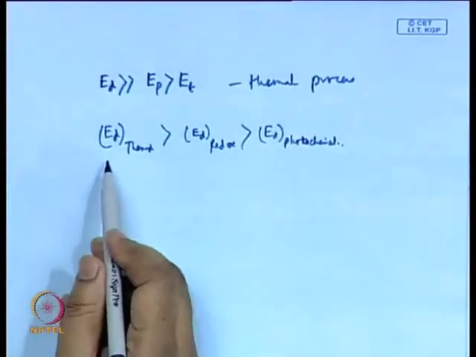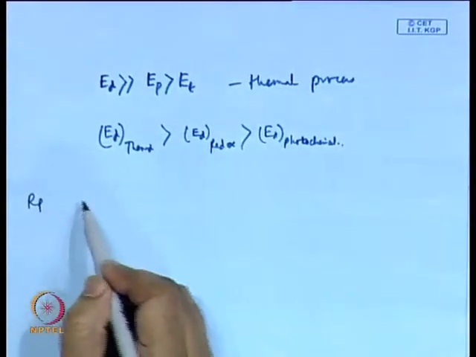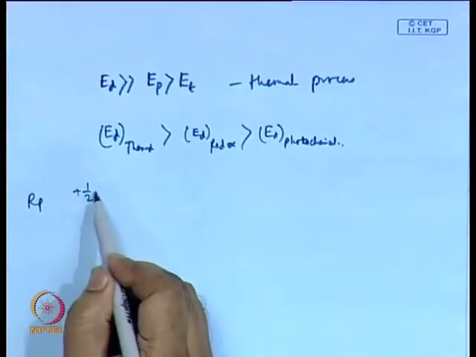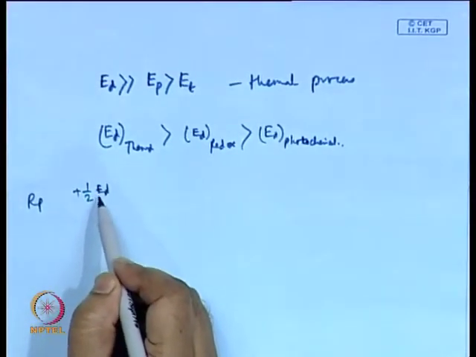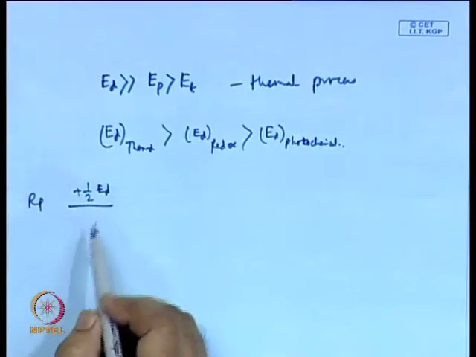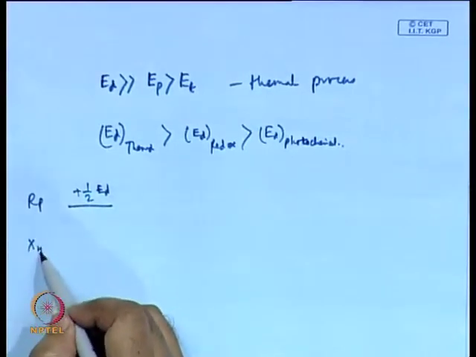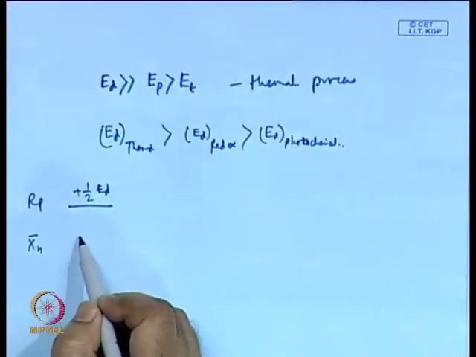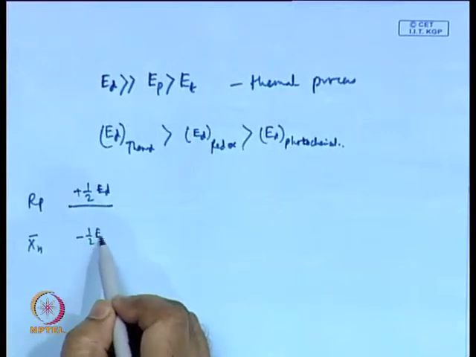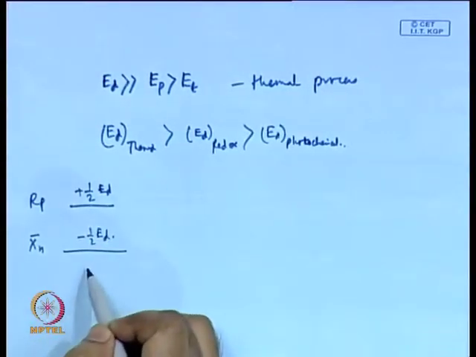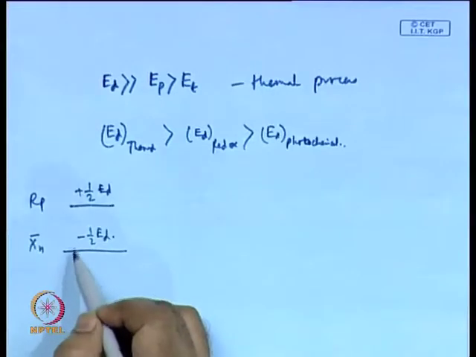Now, you also remember in the Rp term there was a plus half ED term in the numerator, and in the case of Xn there was a minus half ED term in the activation energy.